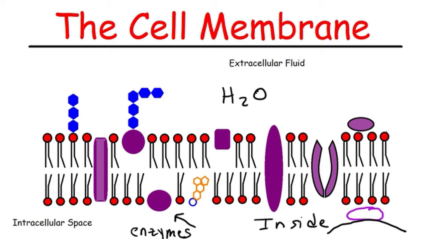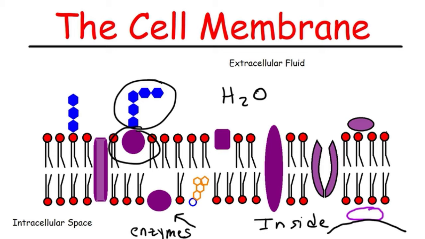Now, here's another question for you. What's the difference between these two structures there? What are they called? So here we have a protein attached to a sugar chain. Those hexagonal shapes represent the 6-carbon glucose unit.